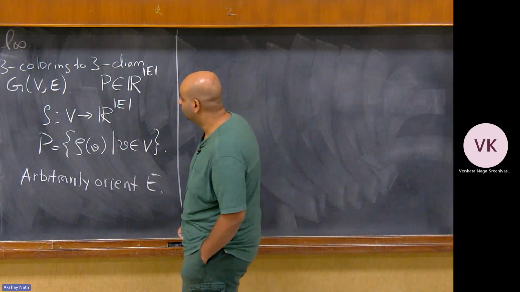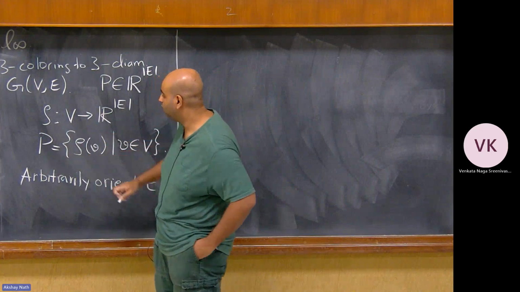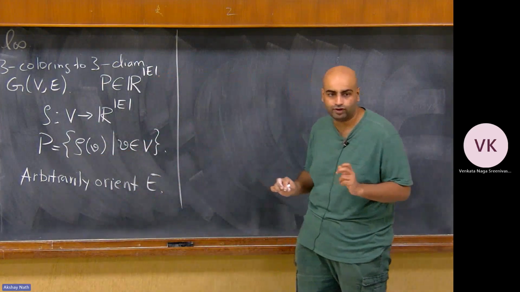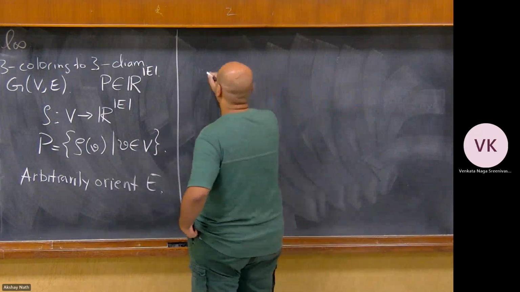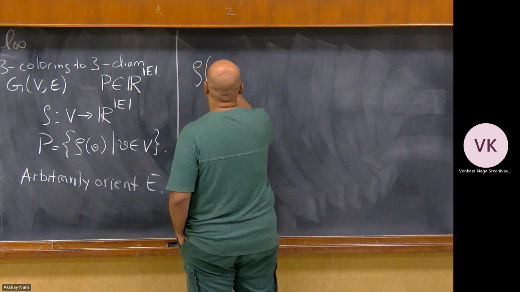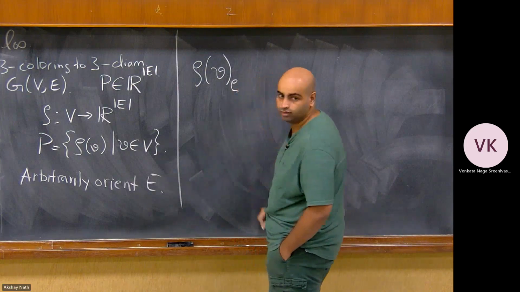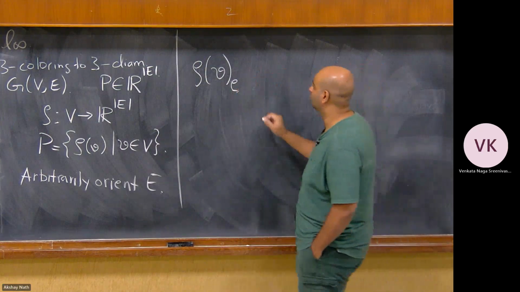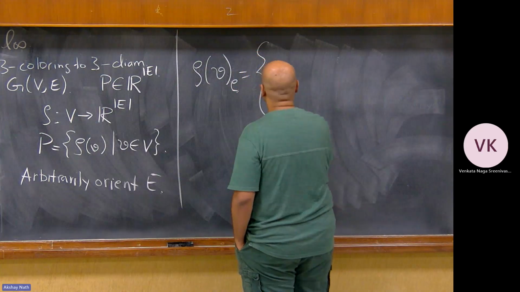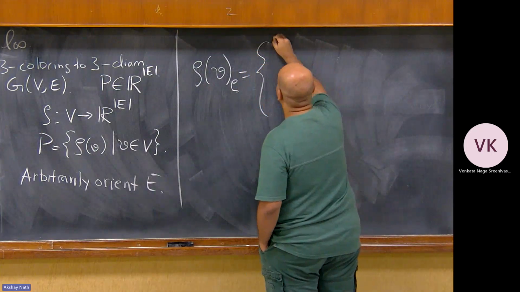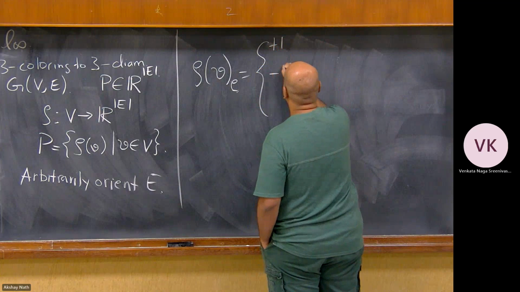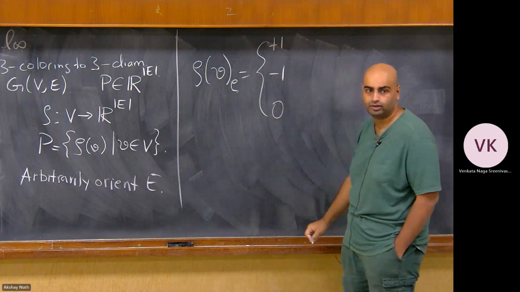Now I want to tell what the eth coordinate of a vertex V is. The eth coordinate is one of three things: +1, -1, or 0.